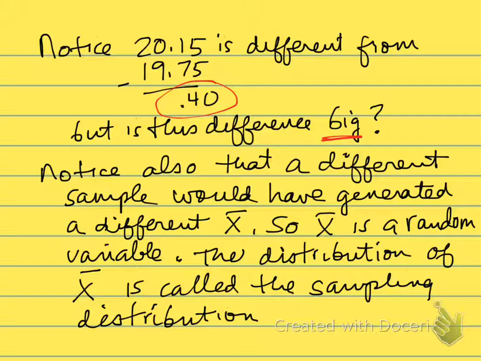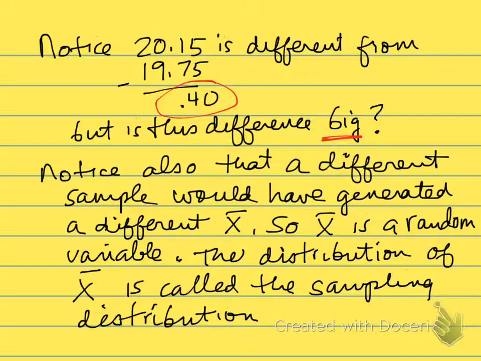And if it's small, then we shouldn't revise our hypothesis. So we have to have a way of assessing whether this difference between 20.15, the sample mean, and our hypothesis, 19.75, is big.